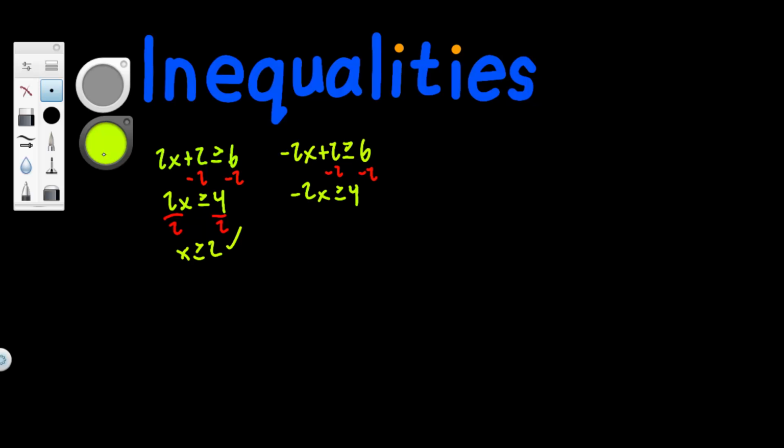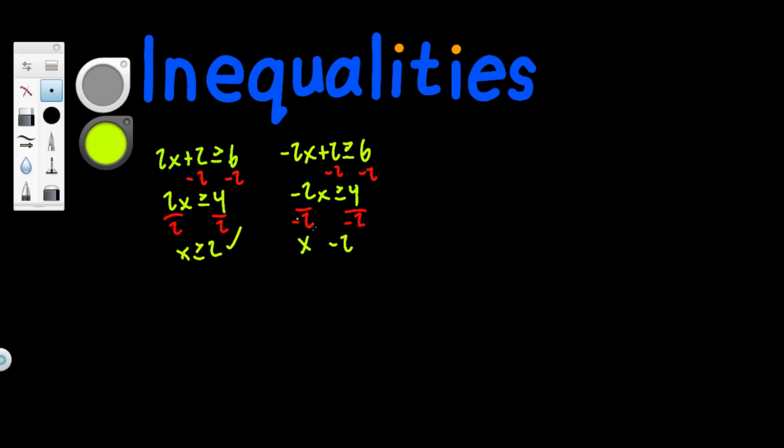Now we want to isolate x, so we divide both sides by negative 2, and this gets us x, and here we have a negative 2, because 4 divided by negative 2 is negative 2.